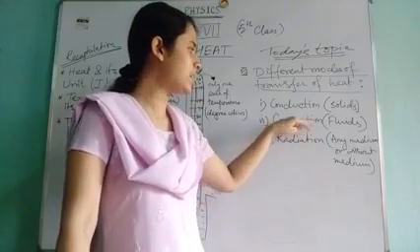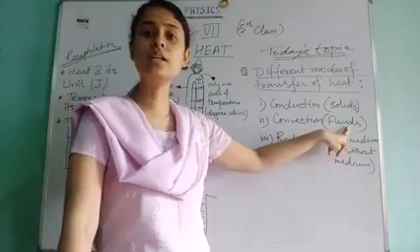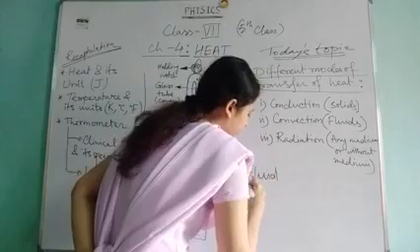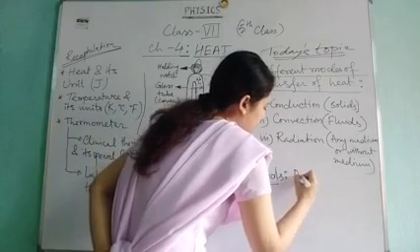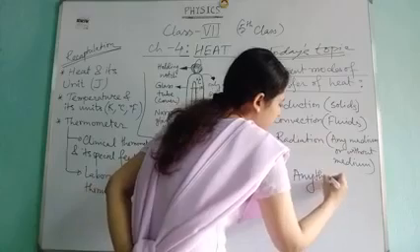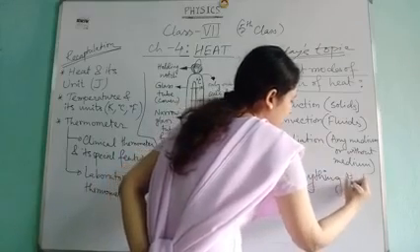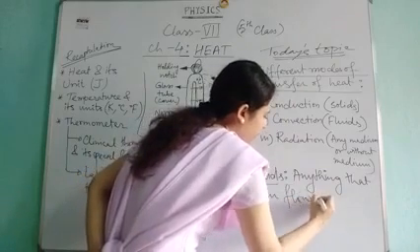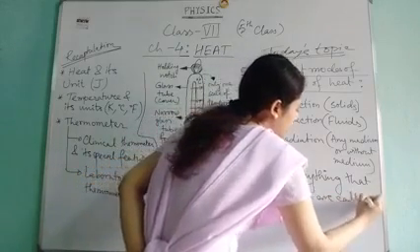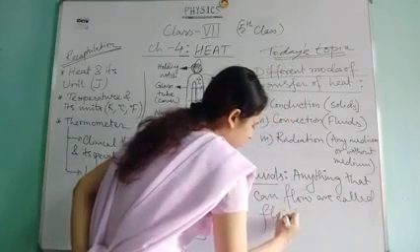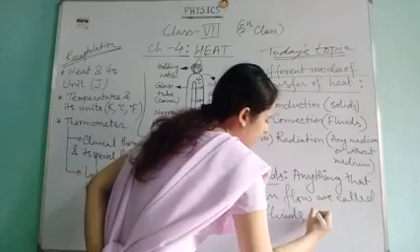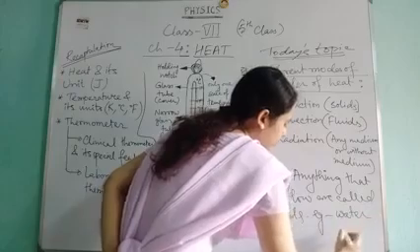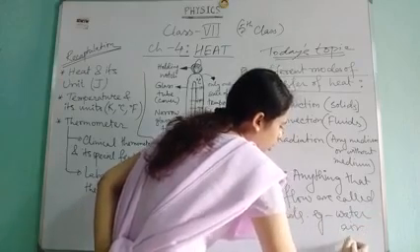Now the convection. Yes, I have already told you about fluids. Then what are the fluids? Write down. Fluids: anything that can flow are called fluids. Example, water, air, oil.